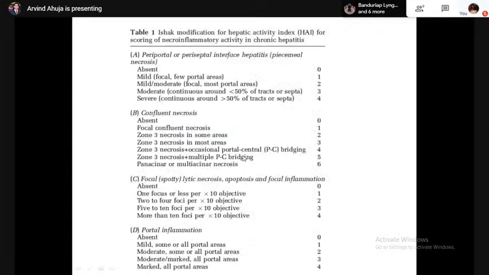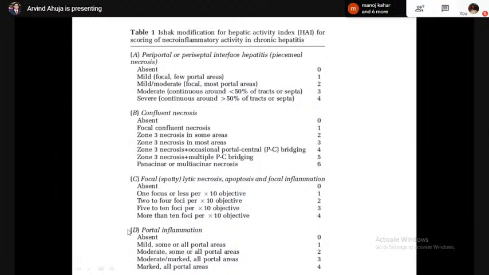The most important activity score is the ISHAK modification of the hepatic activity index, which basically has four components: periportal or periseptal interface hepatitis, confluent necrosis, focal lytic necrosis or focal inflammation, and portal inflammation.